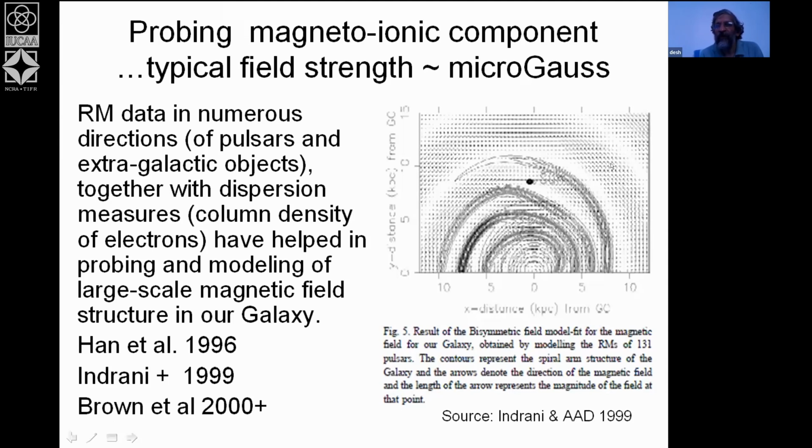For example, the field is going that way, the arrow is pointing there, whereas in the next arm region, the field is reversed and keeps alternating like that.